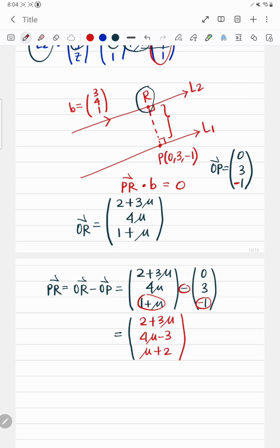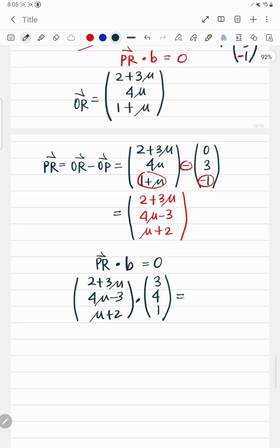So this is our vector PR. So we do the dot product. Vector PR dot B must be equal to 0.